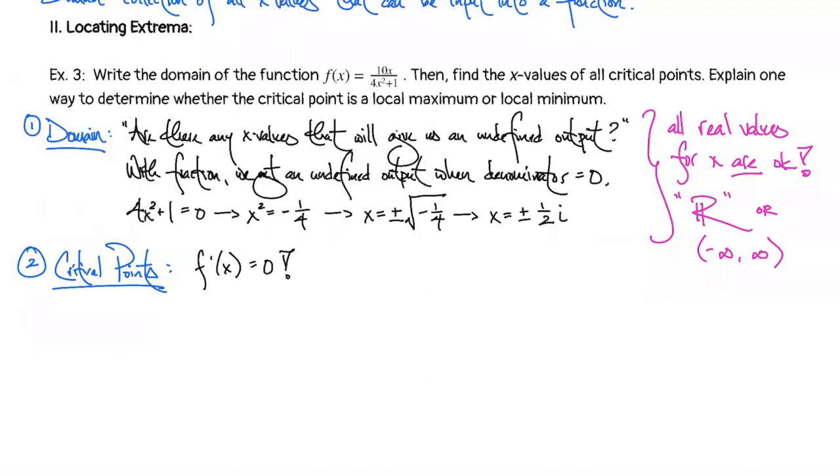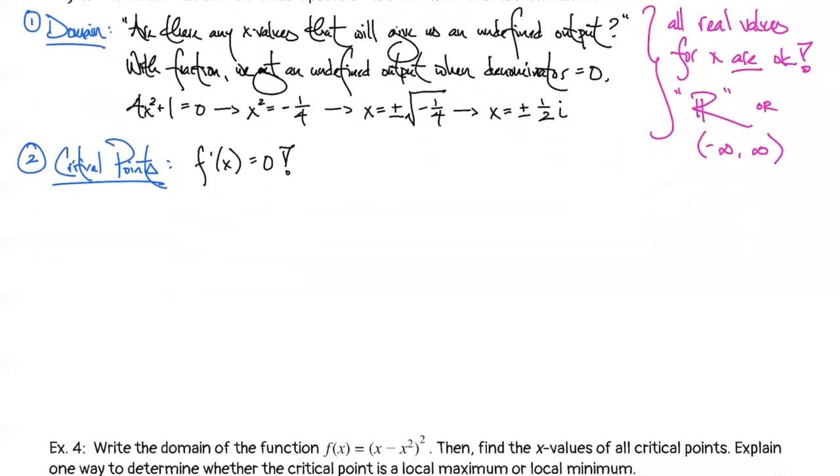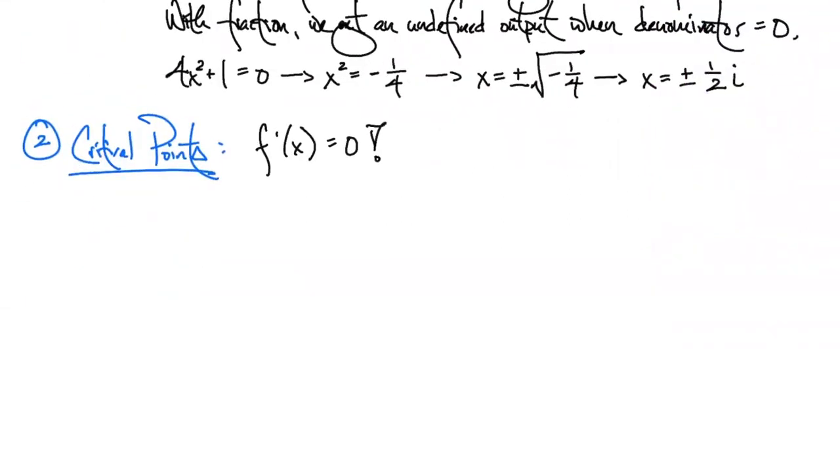Now, if I wanted to take this derivative, I would have to use the quotient rule. All right, so let's set up that quotient rule real quick. We've got u equals the numerator, which is 10x, v equals the denominator, which is 4x squared plus 1. Then I get du is 10, dv equals 8x.